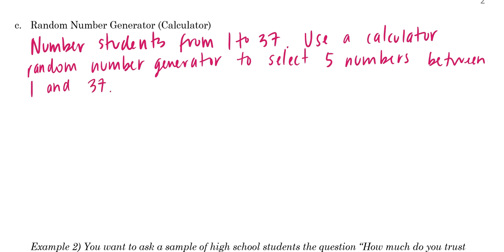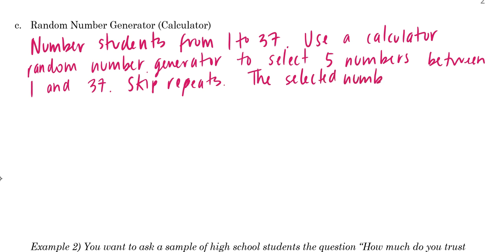And again, my calculator, as you're going to see, can produce repeated numbers. So I'm just going to mention that I'm going to skip repeats. And then in this case, the selected numbers will represent the 5 students in the sample.